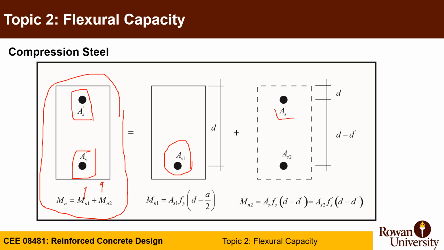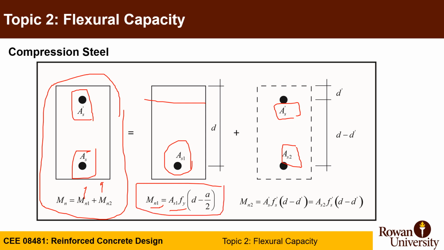The first one will be AS dash, and the other one will be AS2. In this case, the moment nominal one will be AS1 Fy times D minus A over 2, because the distance is D, and A value here as we have before. So it's really similar to a rectangular section.